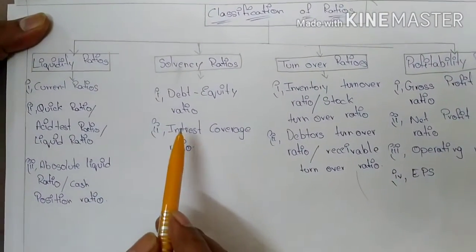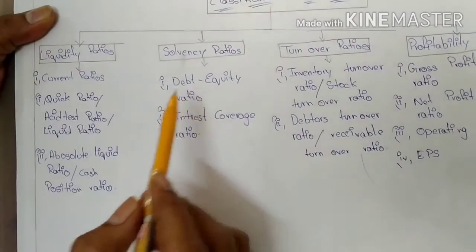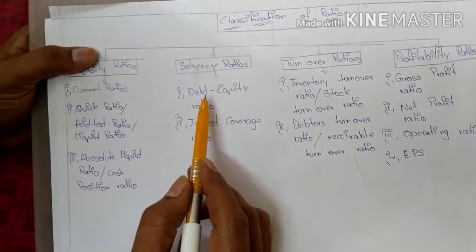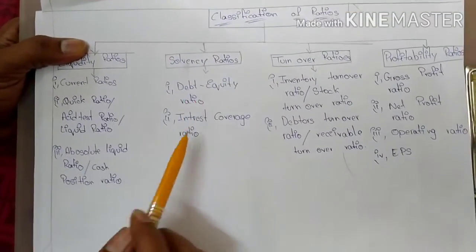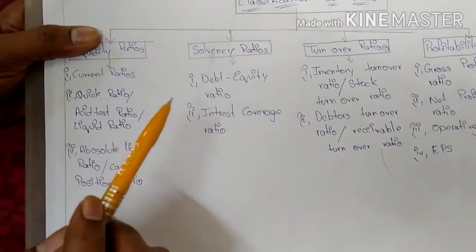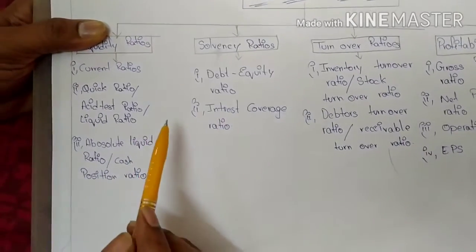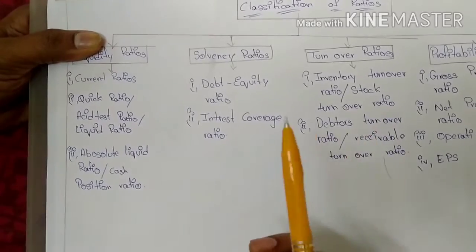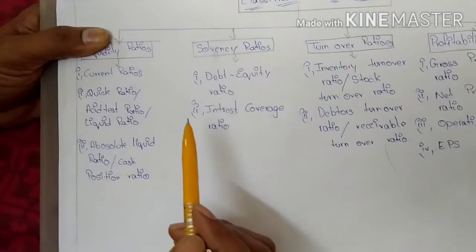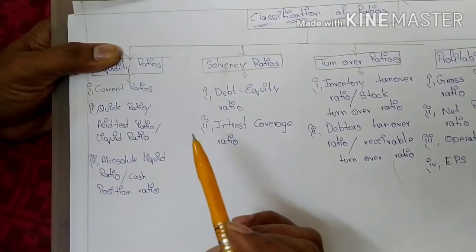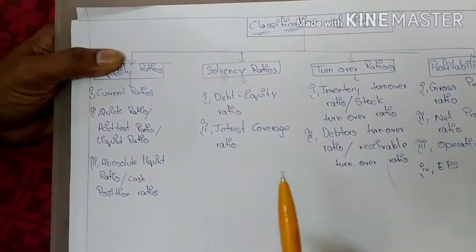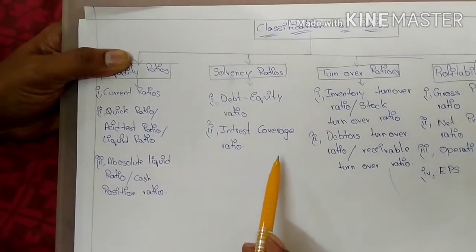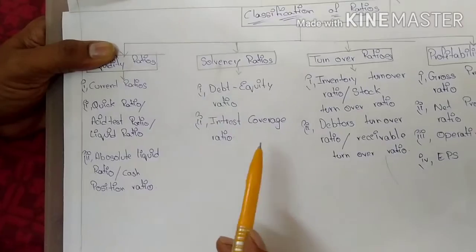Solvency ratios are mainly useful for knowing the financial ability of the firm in the long run. That means whether the firm can meet its interest payments, or any other long term financial commitments, effectively or not.